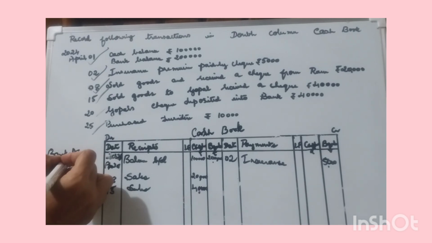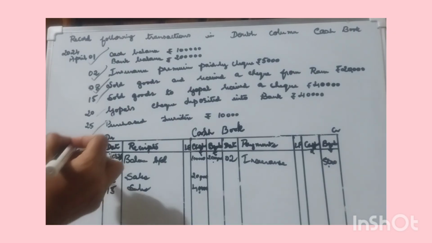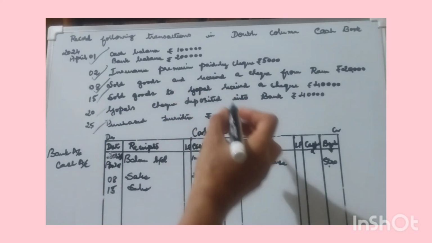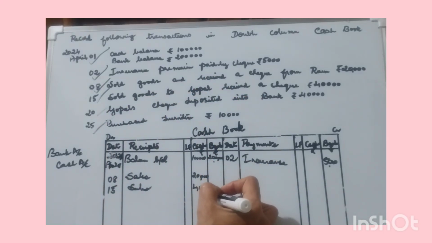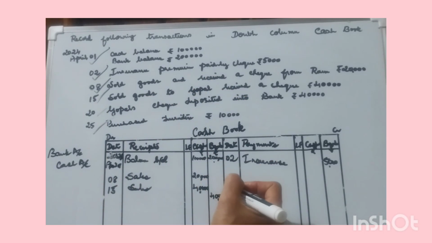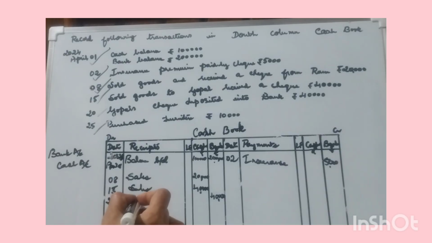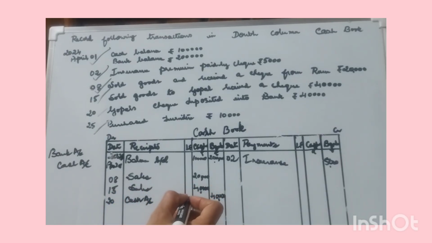So bank column has to be recorded with 40,000. Bank account debited to cash account. Date will be 20th. Record that as contra entry.